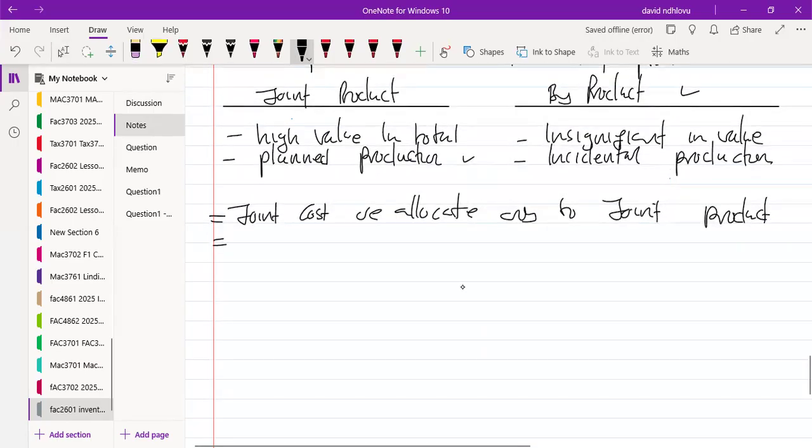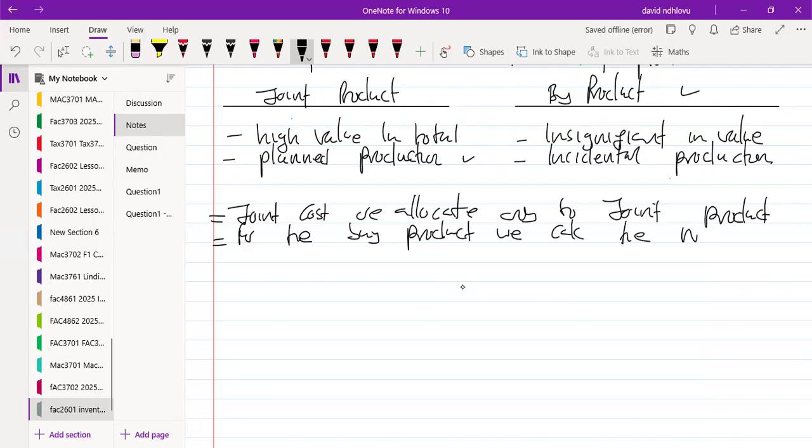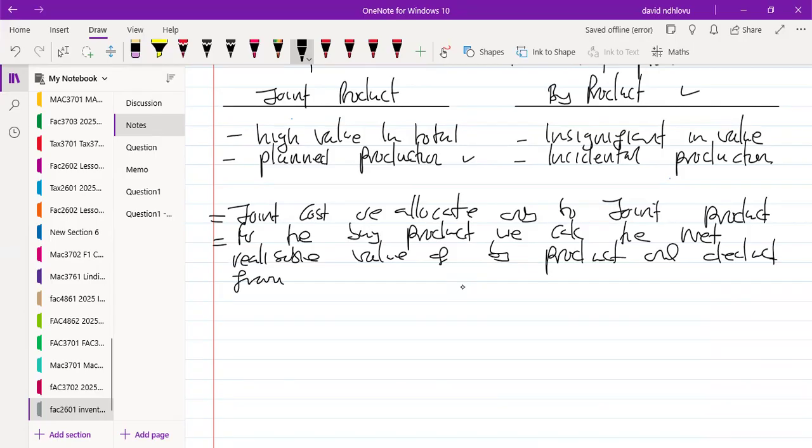Right, so for the byproduct, we calculate the net realizable value of byproducts and deduct from joint costs. Right, before allocating to the joint products.